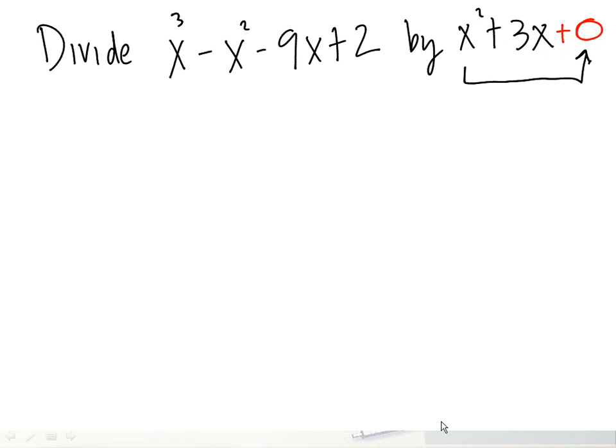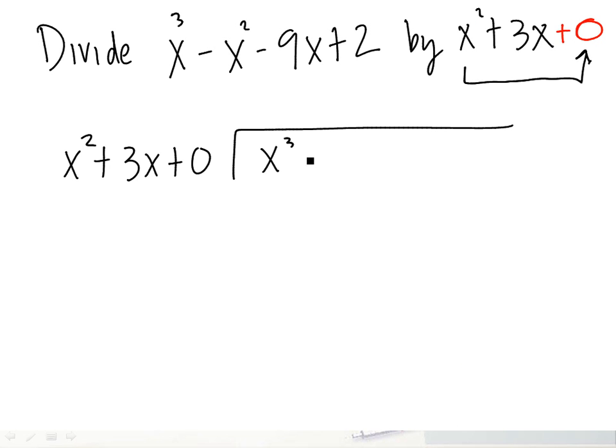Alright, and let's use long division. X squared plus 3x plus 0 divided into x cubed minus x squared minus 9x plus 2. I put that in red so that you can see that that was a placeholder. We inserted that fake term there.